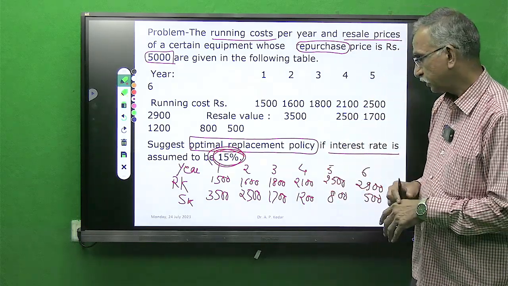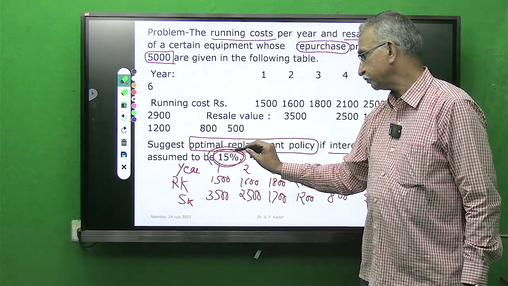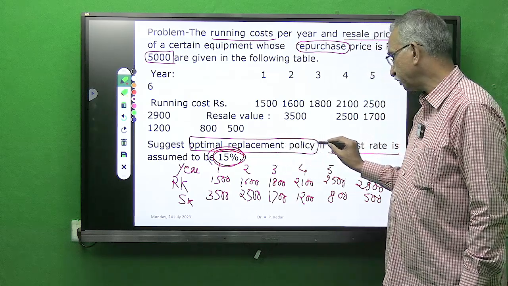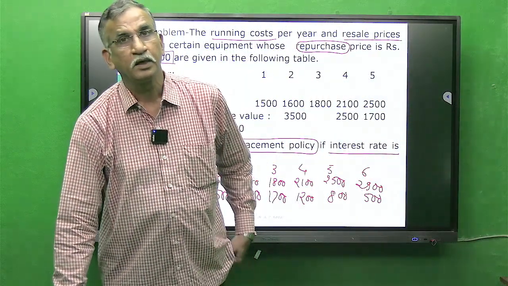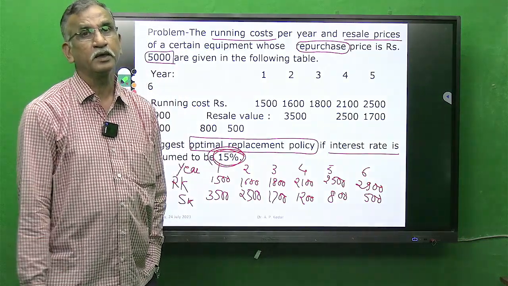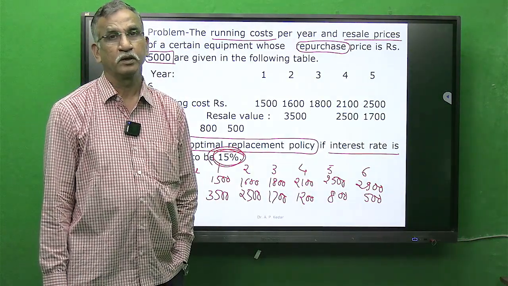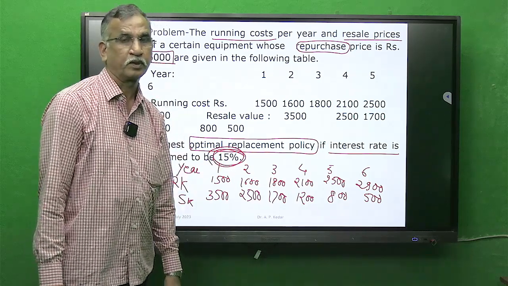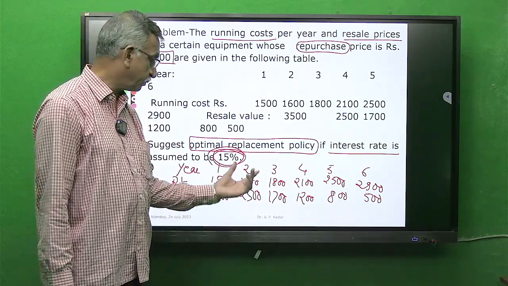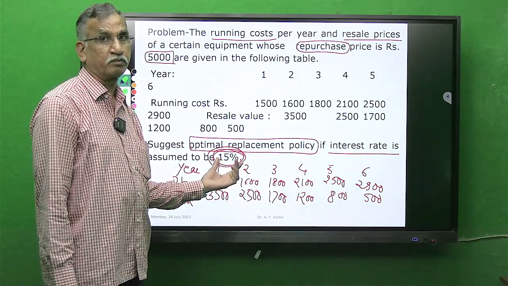Now here it is given: optimal replacement policy if interest rate is assumed to be how much? 15%.